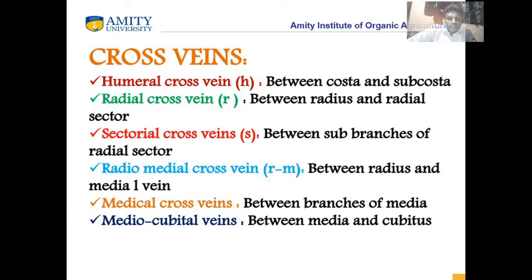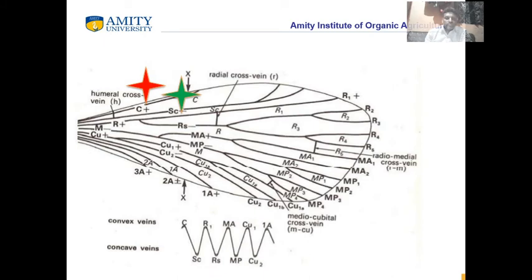Mediocubital veins: when the posterior media connects with the anterior cubital first vein, then it is called mediocubital vein. So these are the different cross veins.